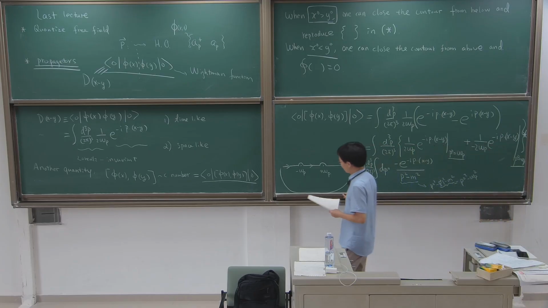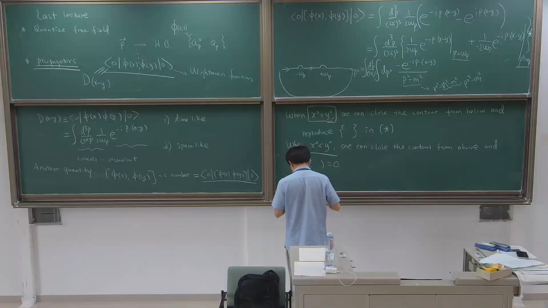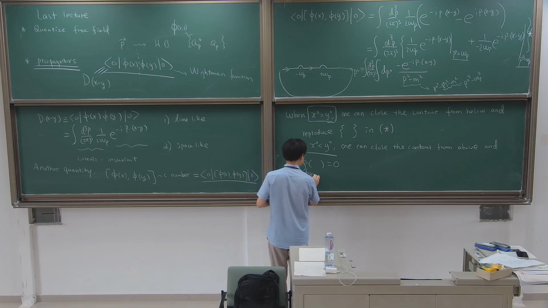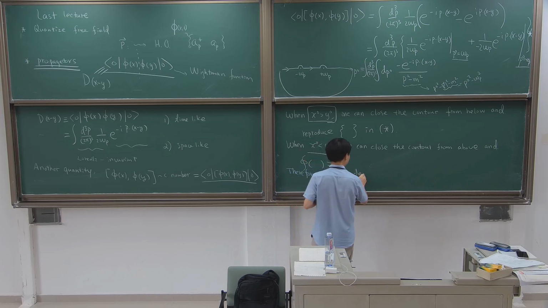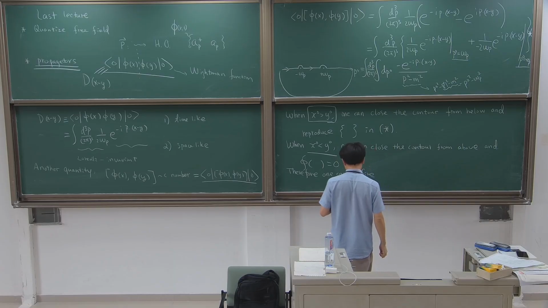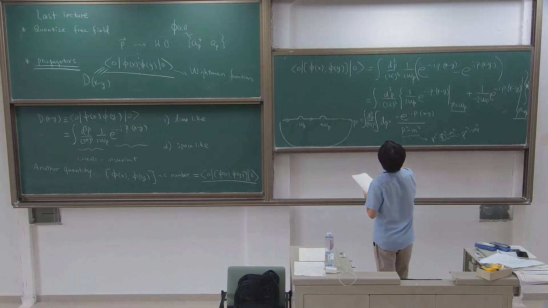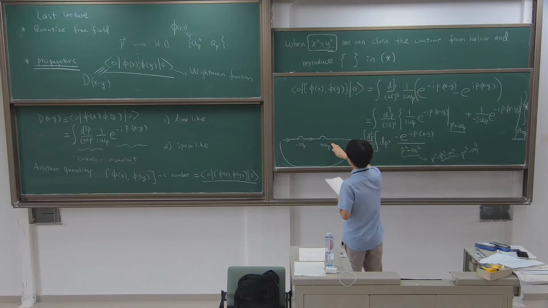Now, summarize or put everything together, this eventually means that we can define this contour integral with this path.